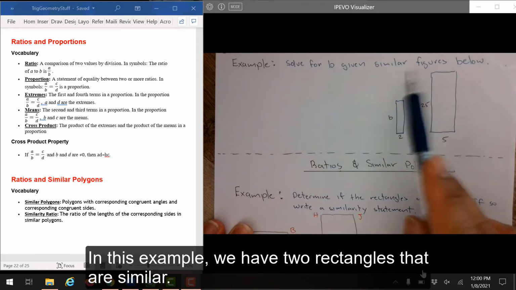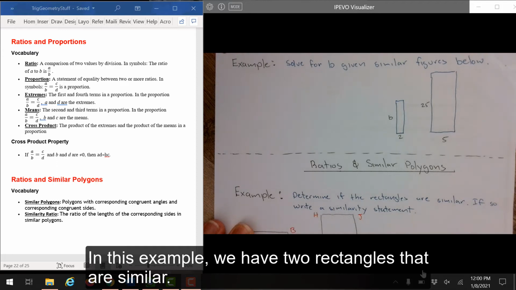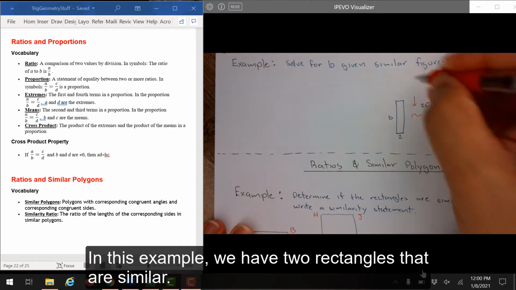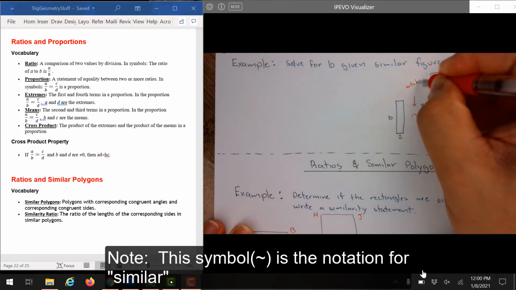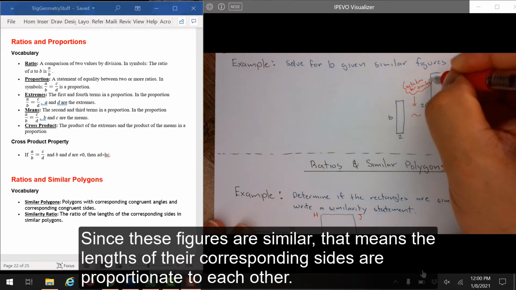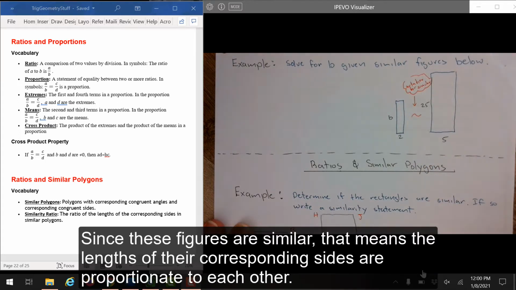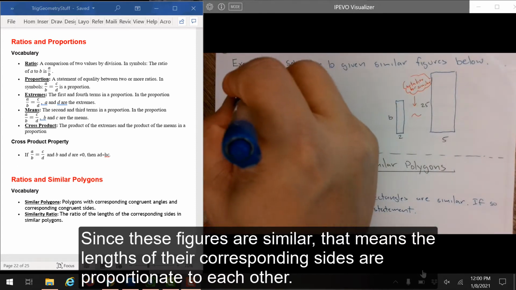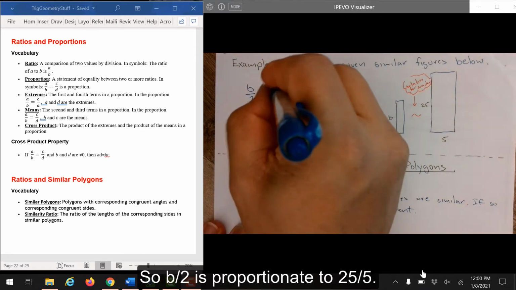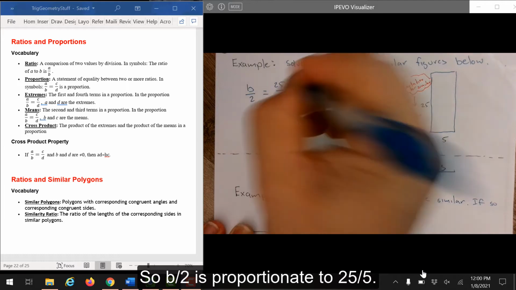In this example, we have two rectangles that are similar. Note, this symbol, tilde, is the notation for similar. Since these figures are similar, that means the lengths of their corresponding sides are proportionate to each other. So b over 2 is proportionate to 25 over 5.